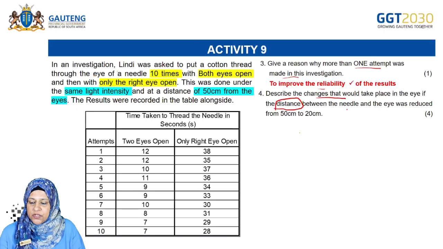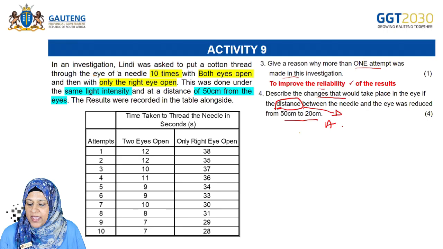So what they did was they moved the needle from 50 centimeters to 20 centimeters. We are talking about distance. We are reducing distance. Therefore, from 50, we are bringing it to 20. And then we are speaking about near vision. The fact that we're talking about distance, D for distance, the D here, we're going to look at accommodation.